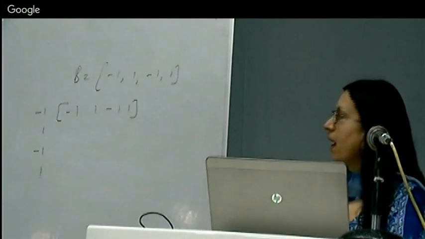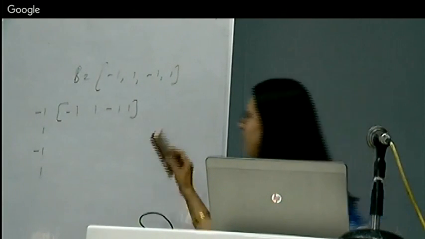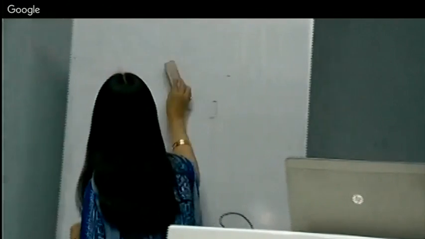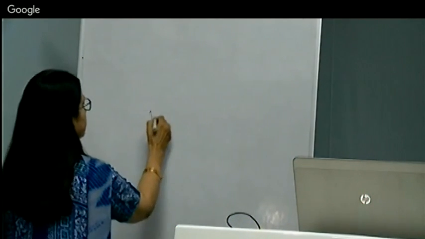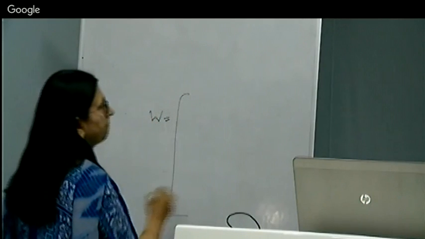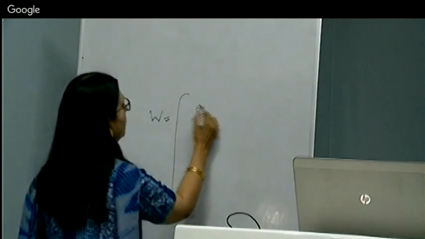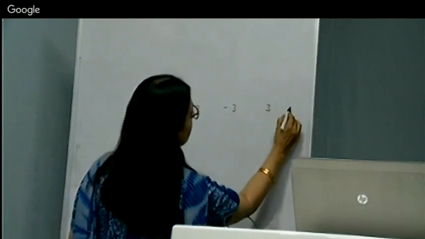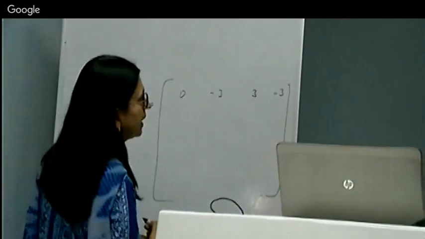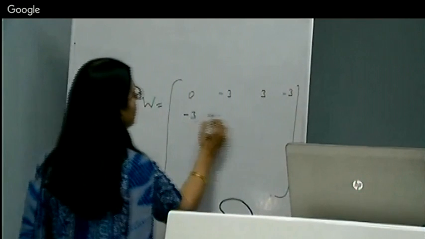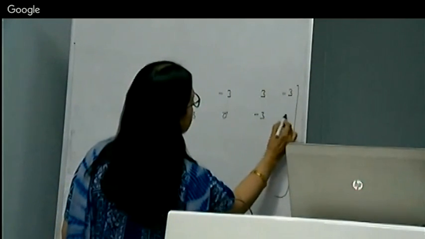So if I multiply all the elements in this weight matrix by a scalar which is 3 by 2, then the weight matrix would become 0, -3, 3, -3. That would be the first row. Then the second row would be -3, 0, -3, 3.